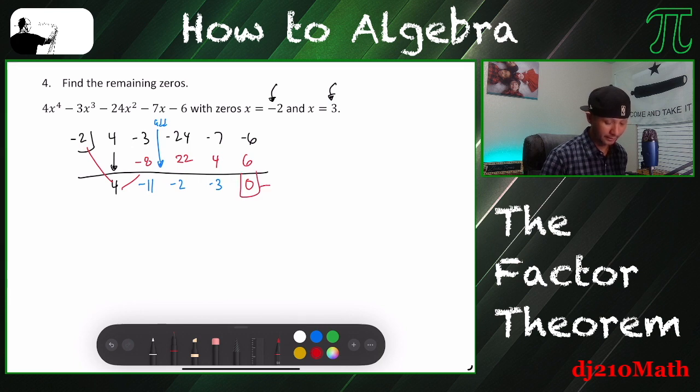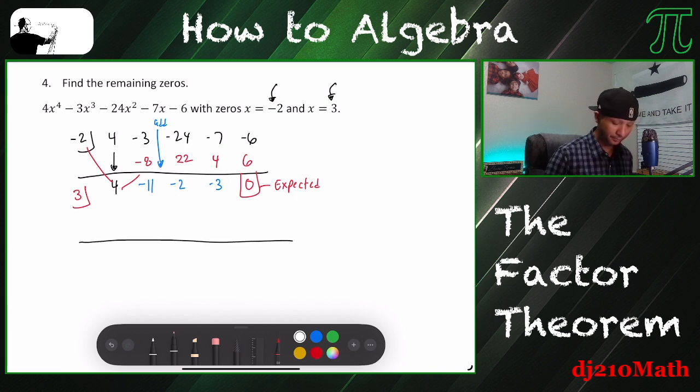And that was exactly expected. That's what was supposed to happen, because it's a zero. Now, since they gave us 2 zeros, we're going to keep the party going. So 3, right? We're going to do synthetic division again. We just keep it moving.